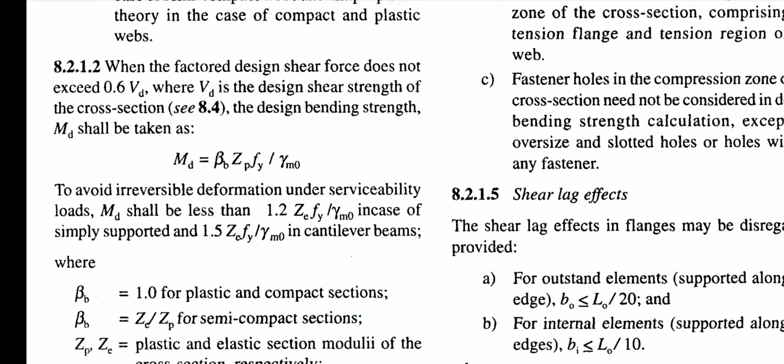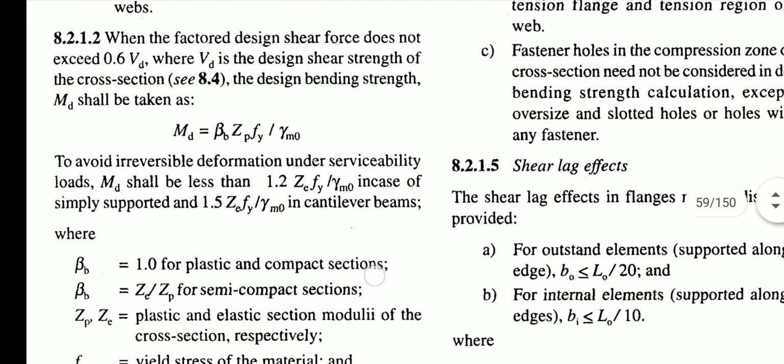Some values you get from the steel table and some values you will get from IS 800. I will show you when we are solving the problems. And second condition, if your beam is a cantilever beam, you have to take 1.5 Ze fy divided by gamma m0. So you have to check Md should be less than 1.2 or 1.5 depending upon the given support condition.